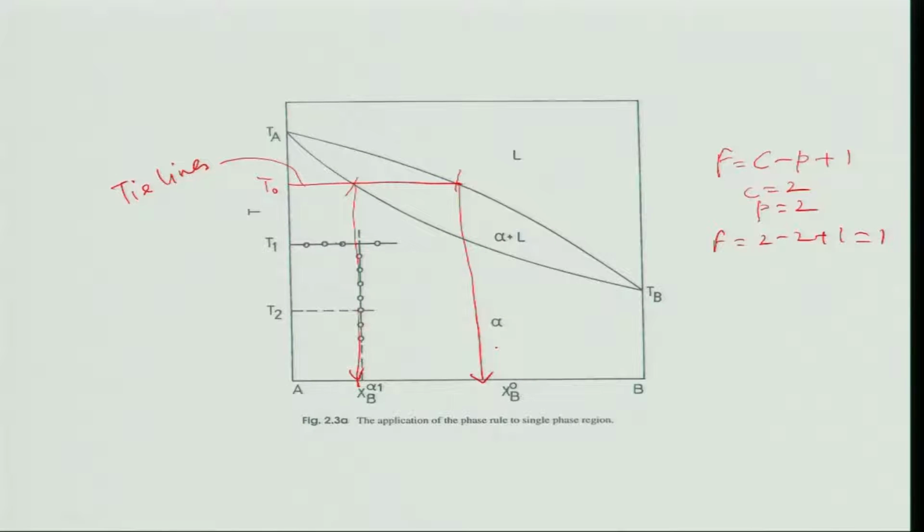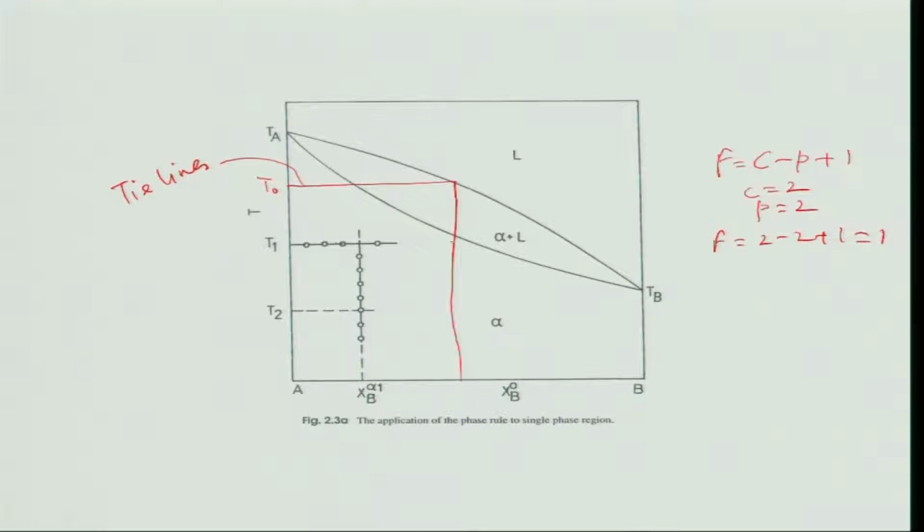Suppose I take a composition, this is my independent variable, I have the power to choose the composition. Now if I choose the composition of this alloy, then immediately the temperatures are fixed.